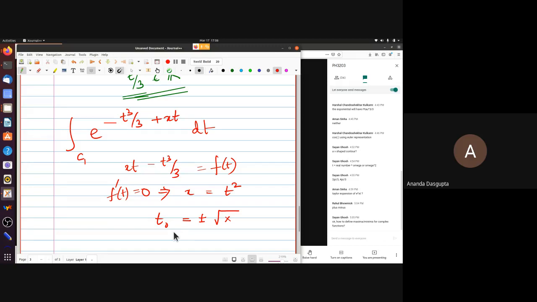Well, you may get away by saying this, but notice that this is strictly speaking correct only when x is positive. When x is negative, even then you do get some t0 value, because we are allowed to move over the entire complex plane. So what do you get?